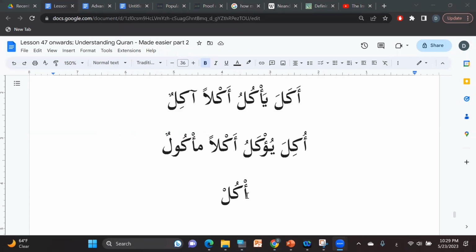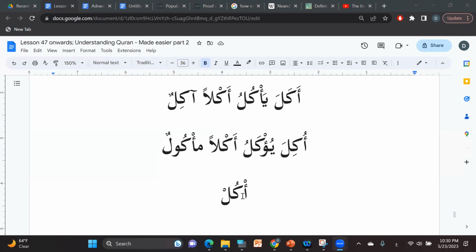And then in regular Sulasi Mujarrad, we are not bringing any extra hamza. If you can read it as is, then it's okay.